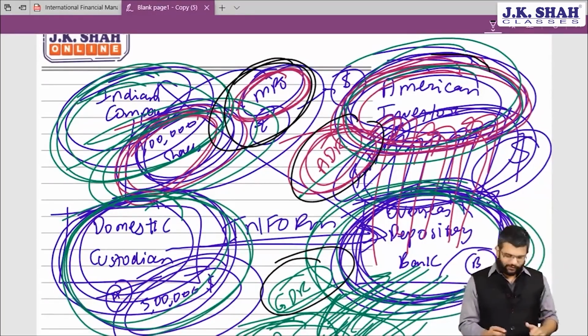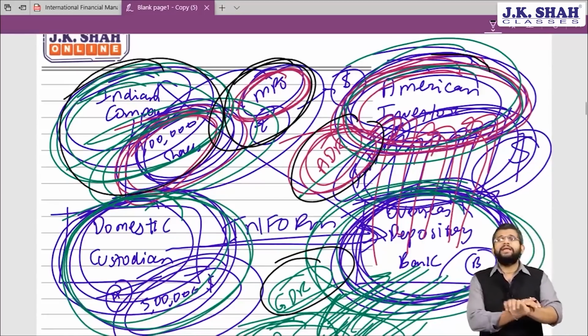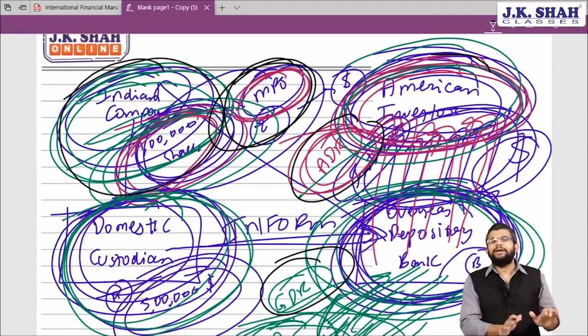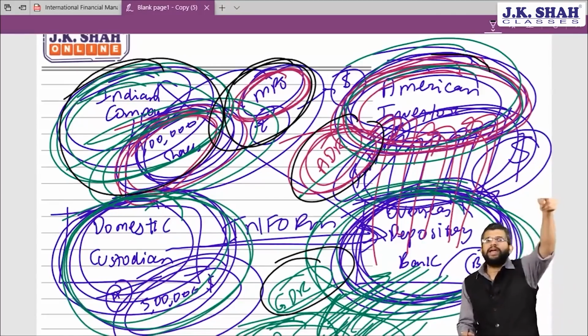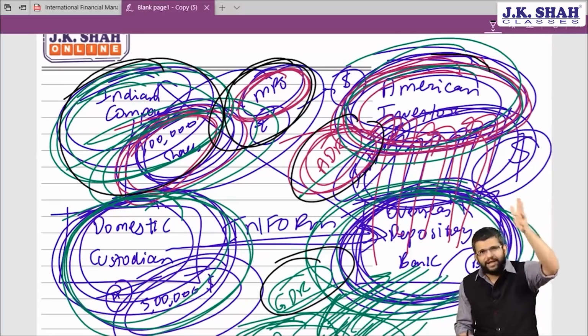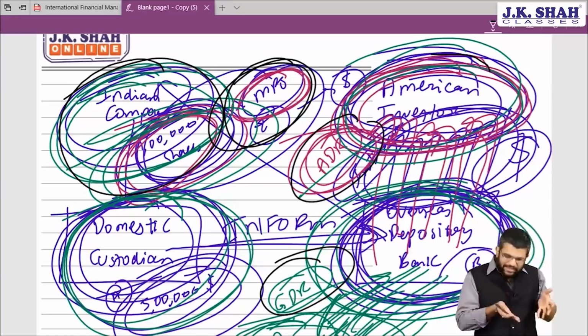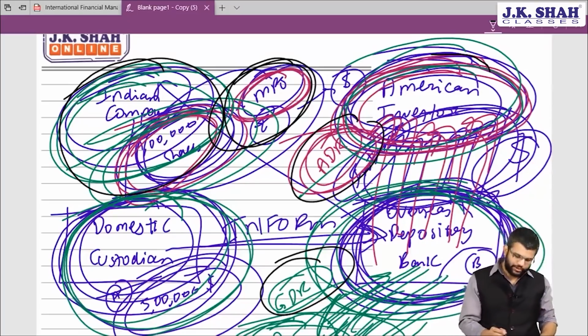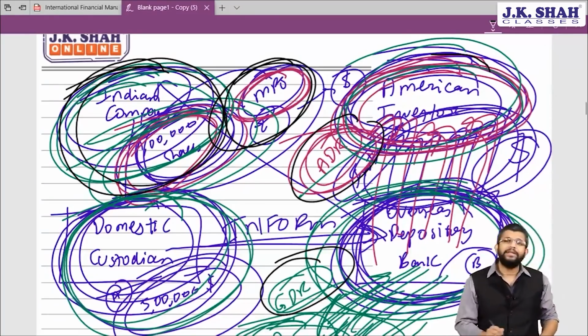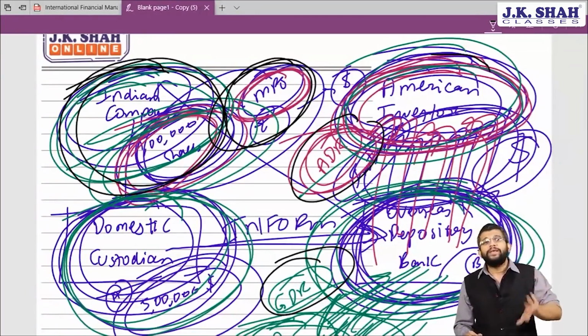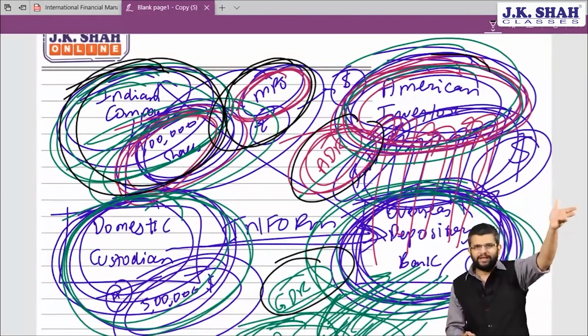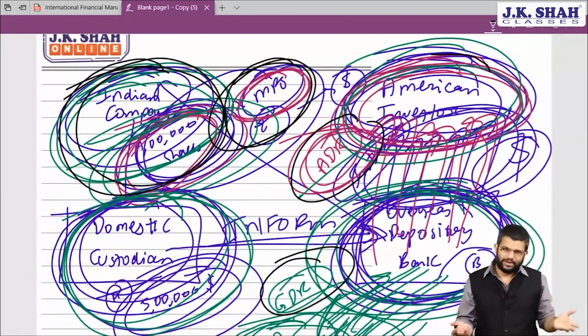One more thing you can therefore understand: if this Indian company does anything in consideration to those shares, then of course the ADR and GDR will be affected, because those ADRs and GDRs are nothing but derivative instruments whose underlying assets are those shares. Everybody following? Which means, if this Indian company issues dividends, then those dividends are entitled to be received by the ADR and GDR holders. I hope you understand.